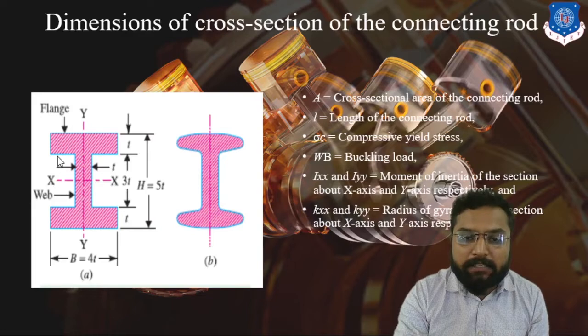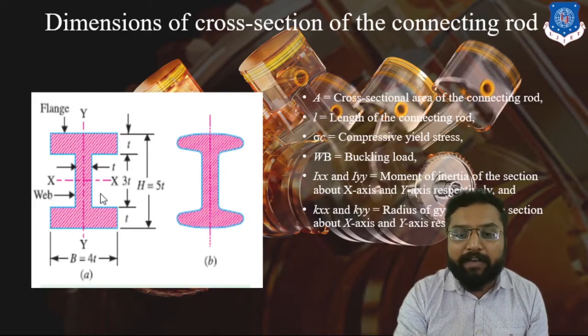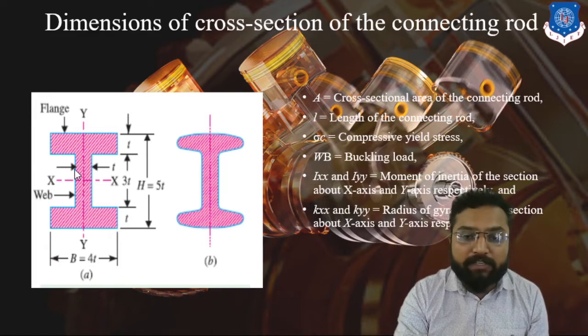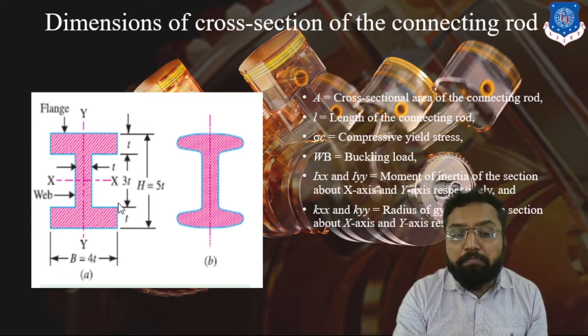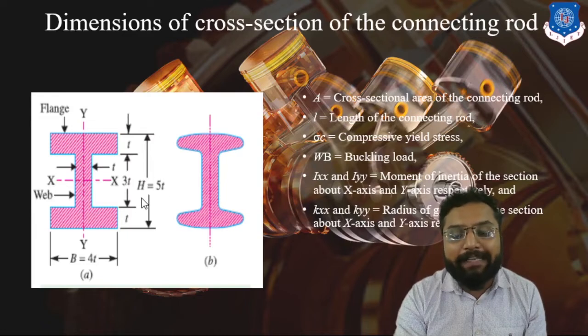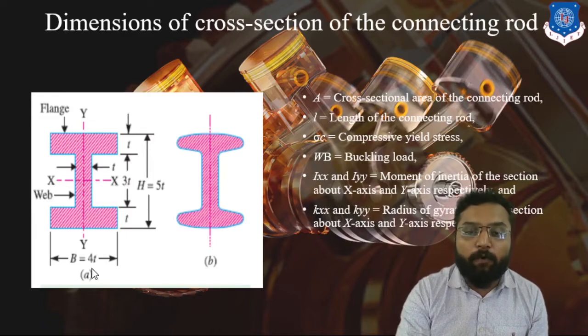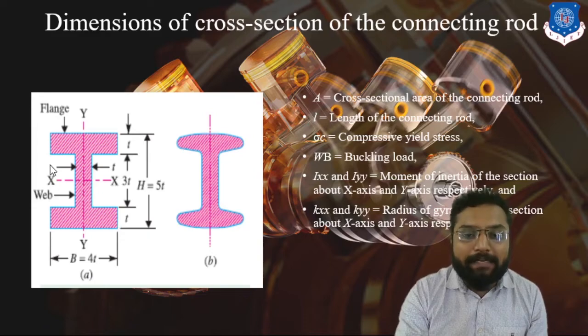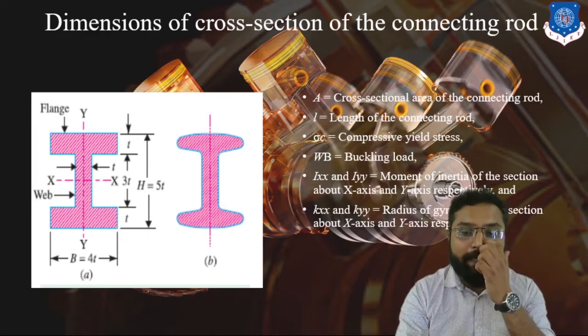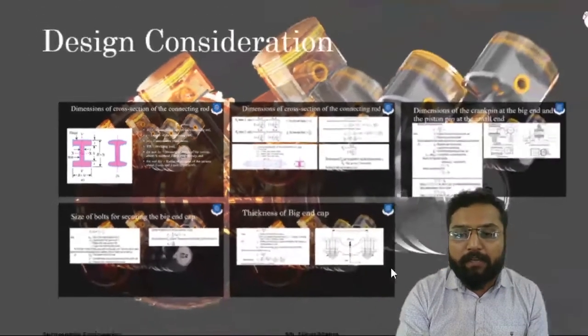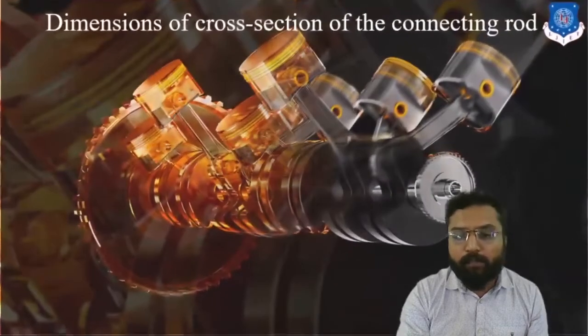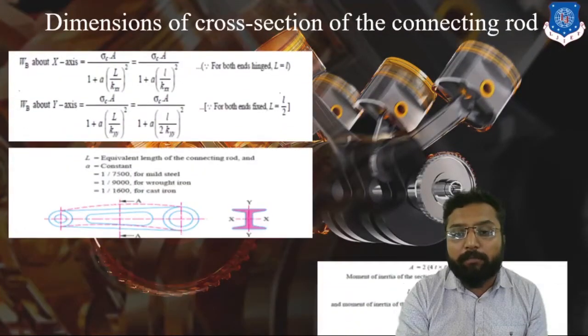Then subtract the two smaller rectangles. So the moment of inertia for the total rectangle is going to be BD cube by 12, where B is the base, which is 40, and D is the depth, which is the height here, which is 5T. So B, which is 4T, into 5T cube by 12, minus these two cross section areas. So let's go back to that slide. In that slide, we have talked about this thing.